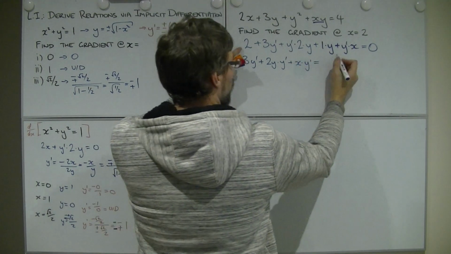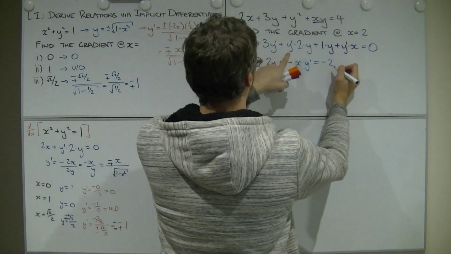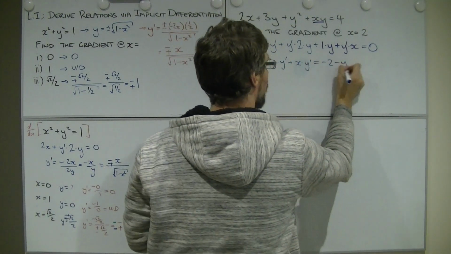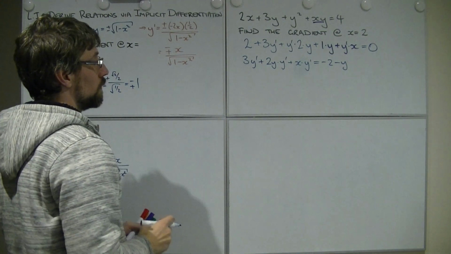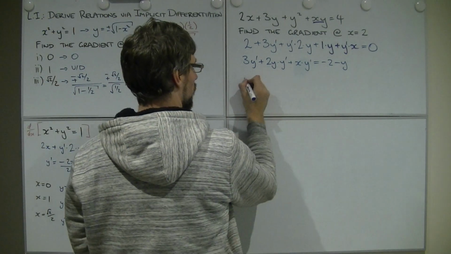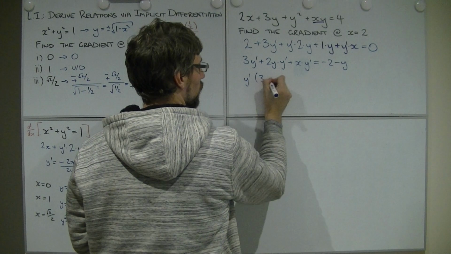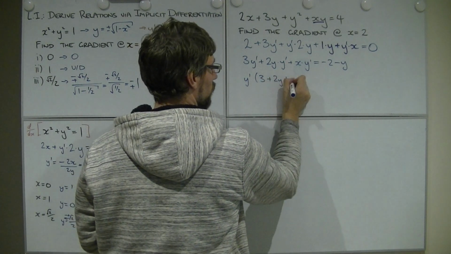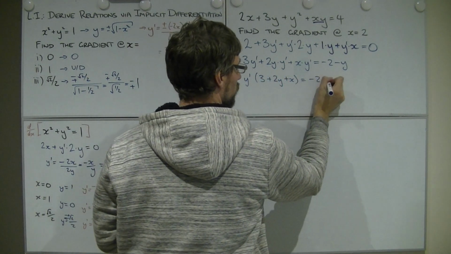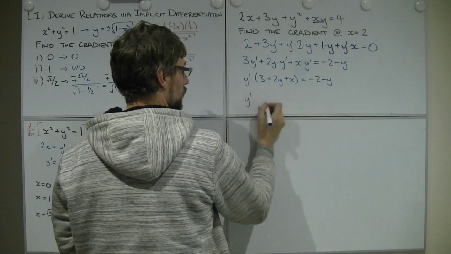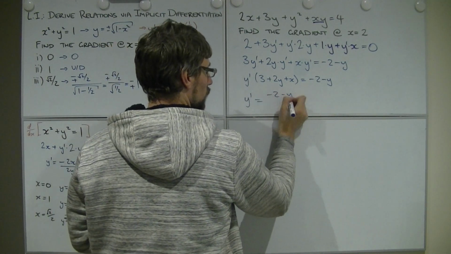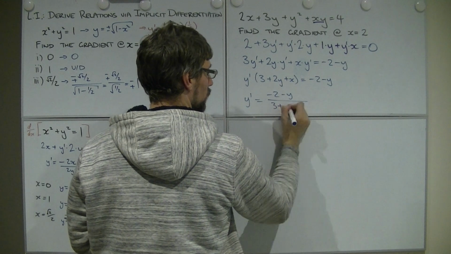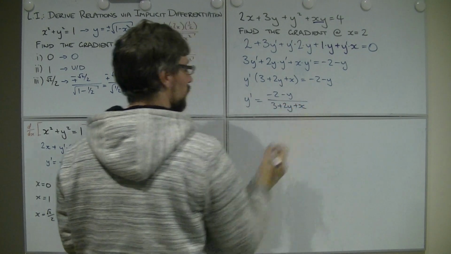Cool, everything else moved across, so I've got -2 and -y. Okay, great. Now that I've got all these here, just factor it out. 3 plus 2y plus x equals garbage. Great, and now isolate. 3 plus 2y plus x.